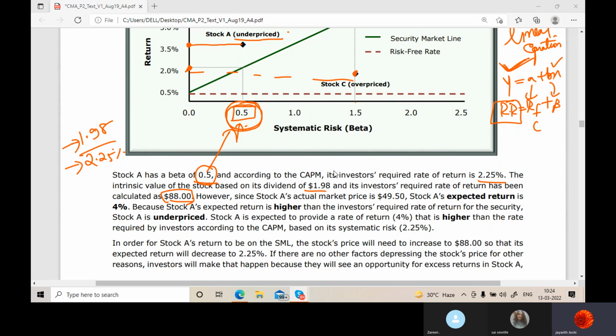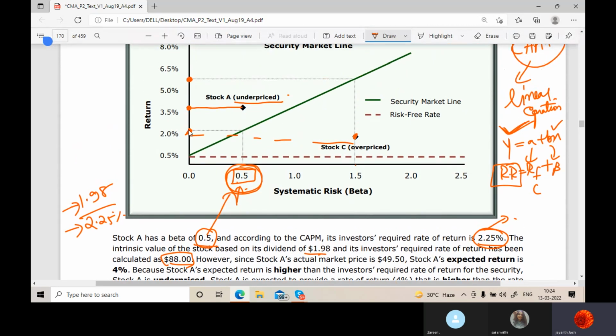Yeah, so what you are seeing here is for a given risk of 0.5, this is the only risk, the systematic risk, the return should be 2.25. And with this return and the dividends we have, we can find out the stock value. So for this combination, the actual stock value should be $88.